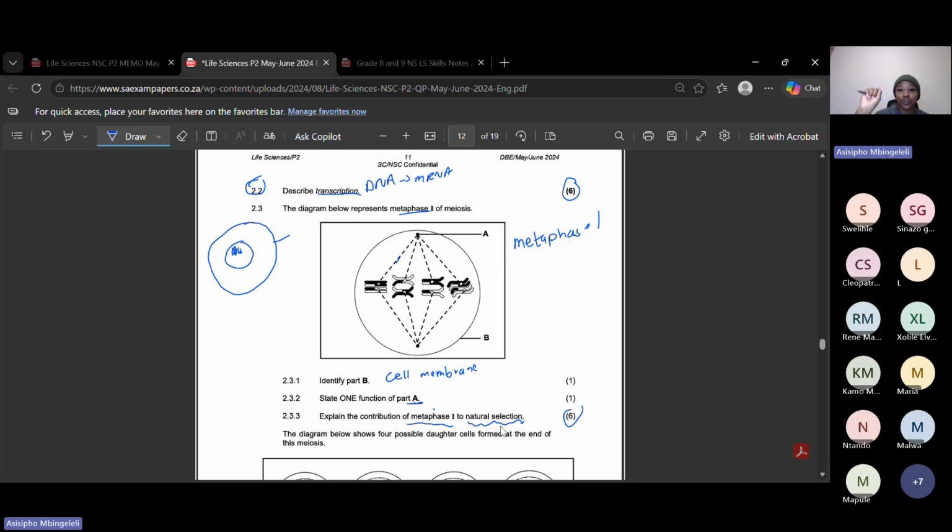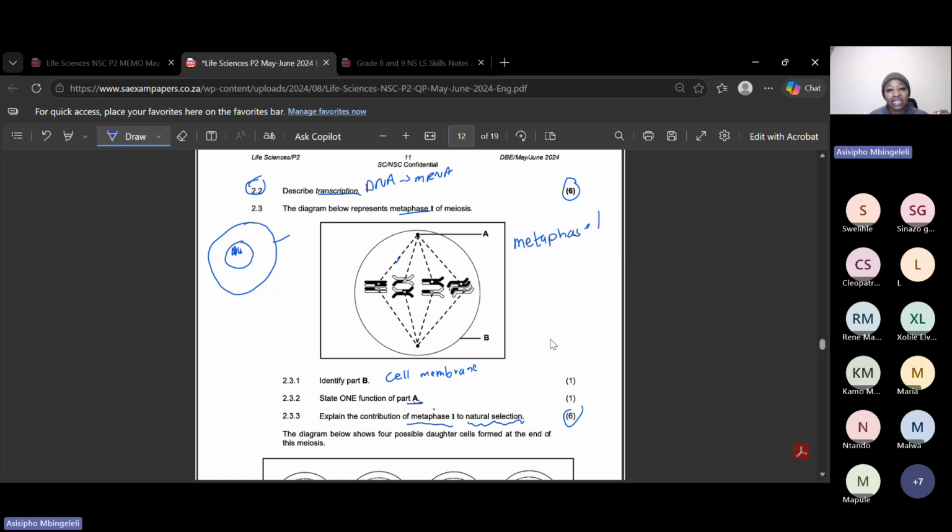Random arrangement of chromosomes in the middle of the equator, that is the tick, results in the formation of genetically different gametes, tick.